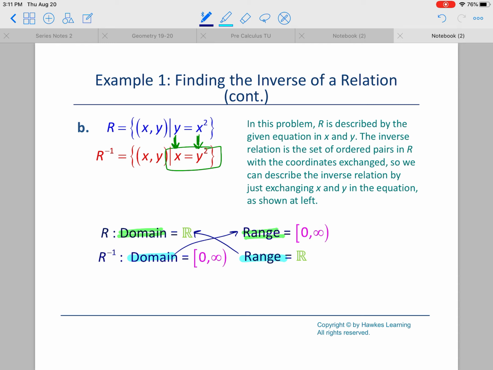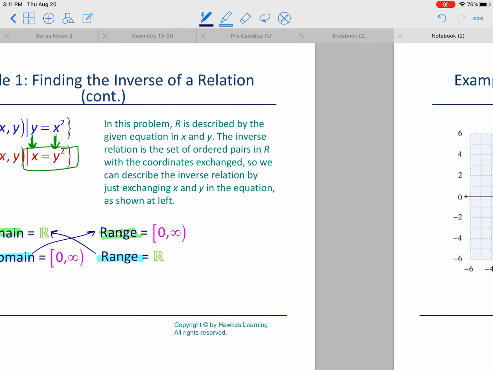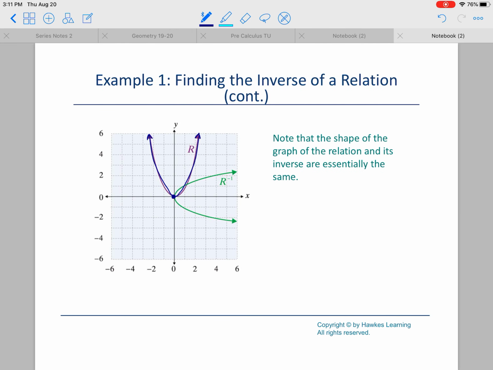So my domain now goes from 0 to infinity. That means my x values are only going to be positive numbers, but on my y scale, I can go from all negative numbers to all positive numbers. And if we look at the graph, it's over here in the green.